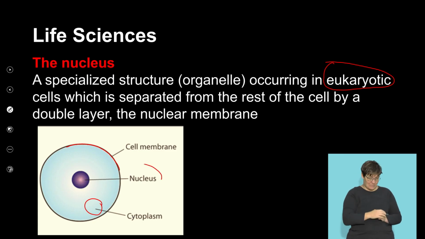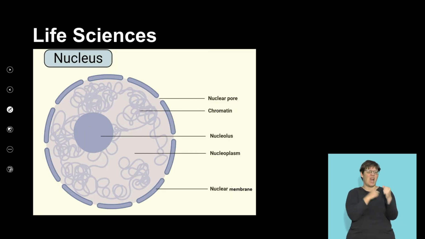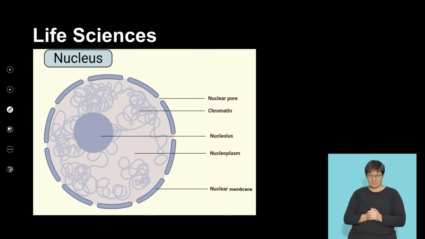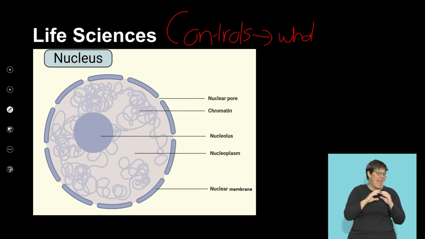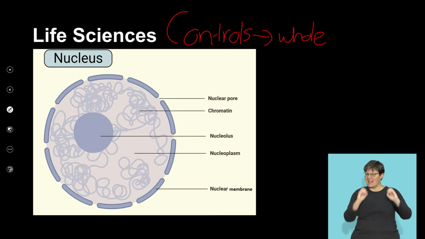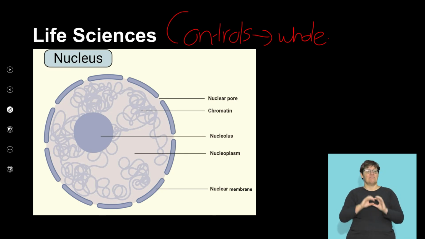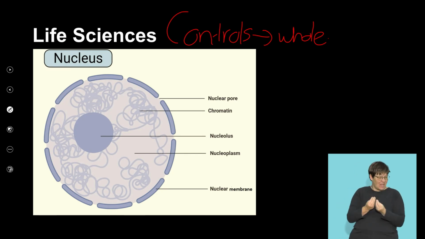Now we have this concept of what a nucleus is. When we have a look at the structure, this is what the nucleus is, and you could say it's the government. Guys, this controls the whole cell.